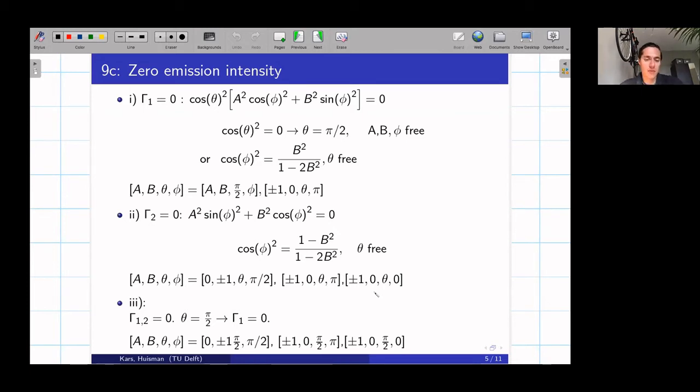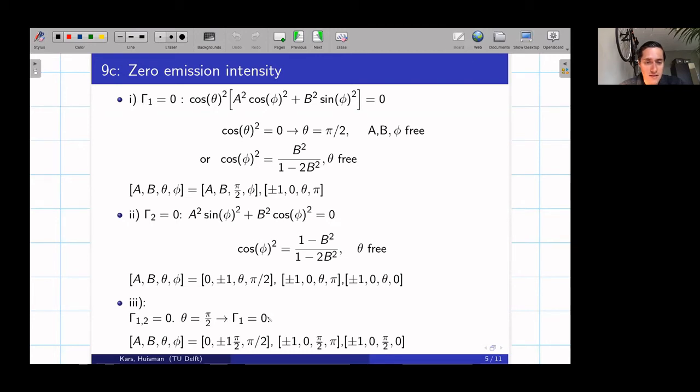So then point 3, when is the total emission intensity 0? Well, then you want to have case 1 and case 2. So we can set the first emission intensity to 0 by setting theta equal to pi divided by 2. Then we ensure that gamma 1 is 0. And a, b, and phi are free to pick.